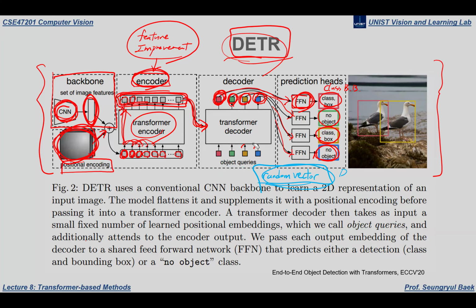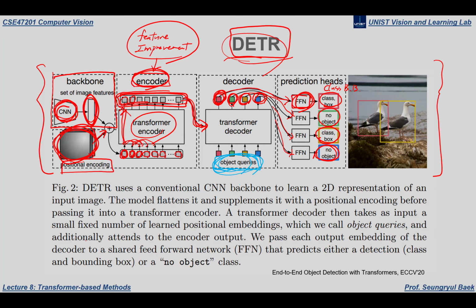There are many questions on the web about the meaning of this object query. Indeed, there is not much meaning for these object queries in the DETR architecture. So some subsequent DETR variants give some spatial information in these object queries, because many researchers find that DETR training sometimes takes much time.